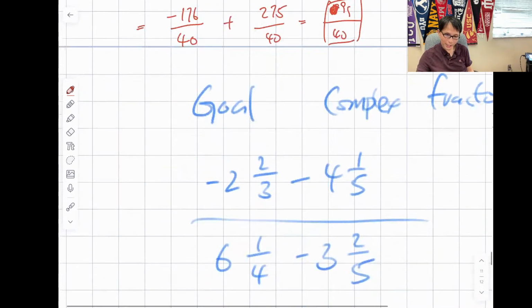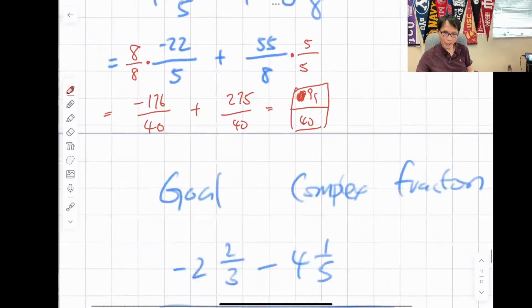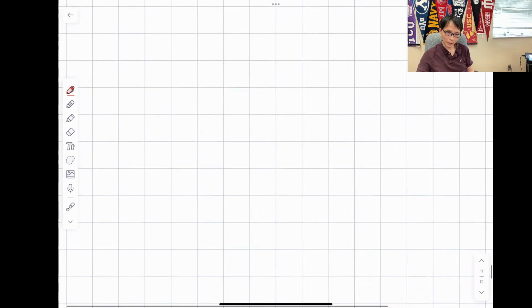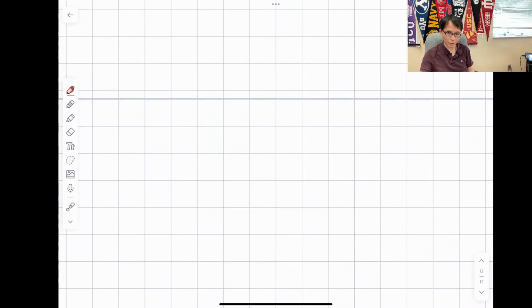Okay, so next questions. Now, I'm gonna teach you one more thing. One more thing. Okay, so we're gonna start with two fractions divided by each other. Do you know how to divide fractions? No? Okay. So 3/5 divided by 6/7. Okay, be careful with this one.